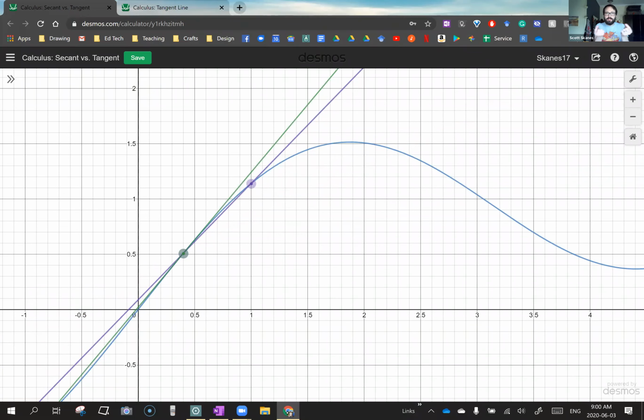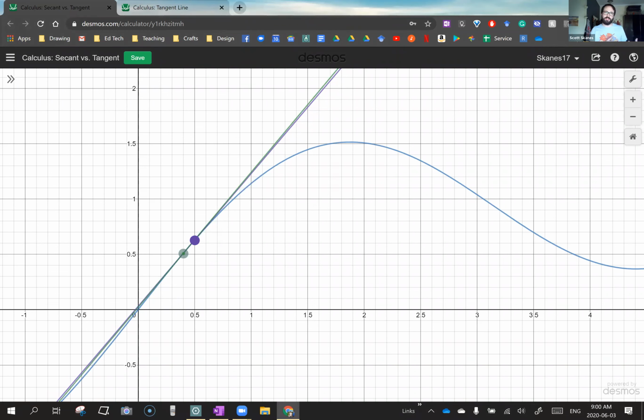But we want to make the distance between those two x values as small as possible. So the distance right now is h. Okay, that's what we call it. This distance between the 2 points is h. So if we make h 0, we will have the tangent line. If we make the distance 0, the slope of the secant line is the same as the tangent line.